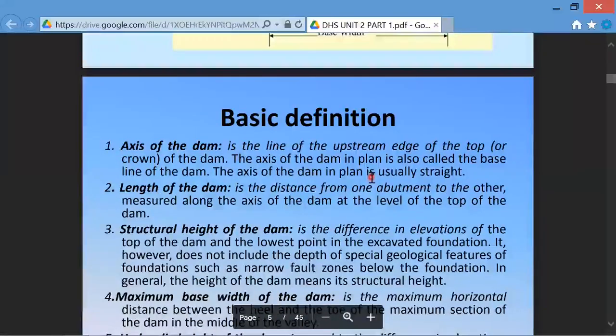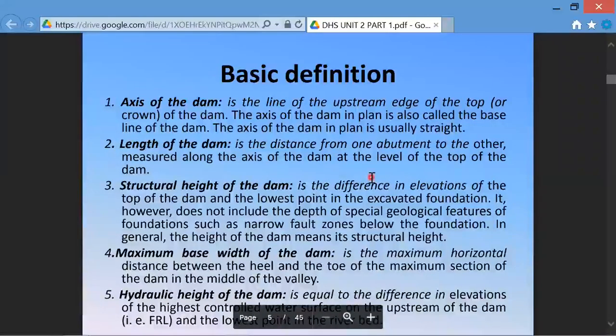There are certain basic definitions which can be asked in any of your exams, and you should know them. So axis of dam: it is the line of the upstream edge of the top or crown of the dam. The axis of the dam in plan is also called the baseline of the dam.